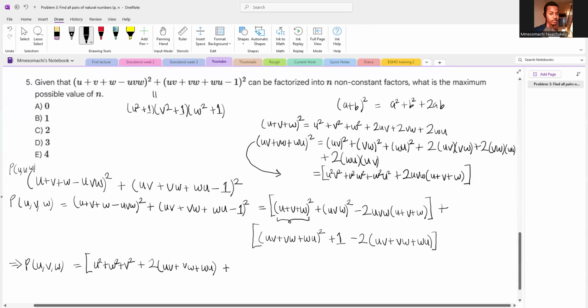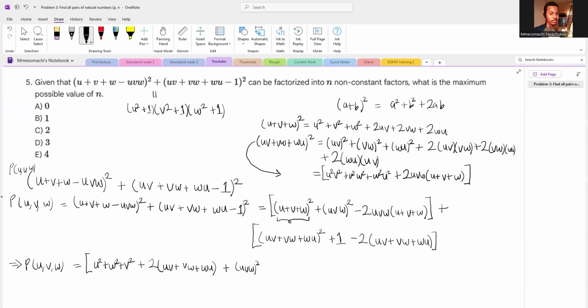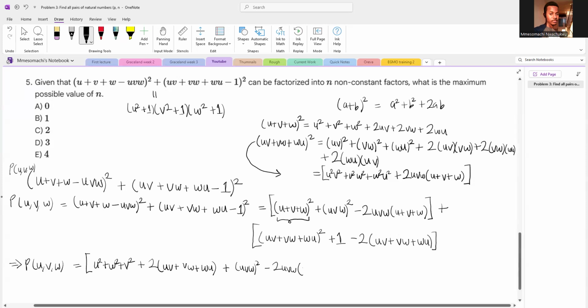Okay. Then we have plus (UVW) all squared, minus 2UVW into (U plus V plus W). Okay.